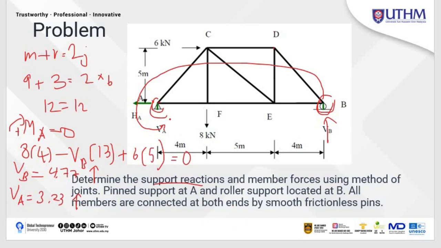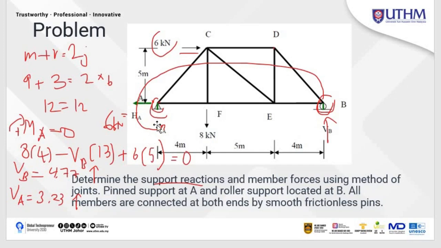Here we have a pin, so the horizontal reaction will be 6 kilonewton, due to the external force of 6 kilonewton in the horizontal direction. Then you can start using the method of joints.